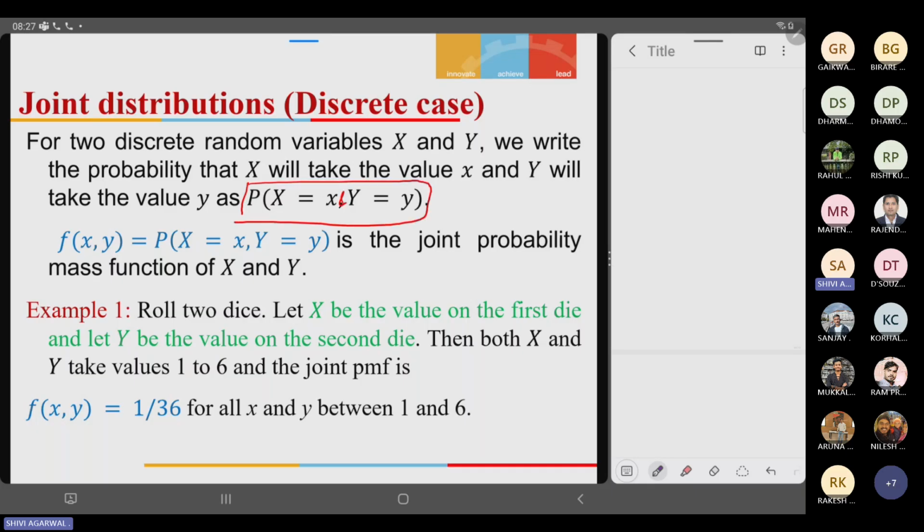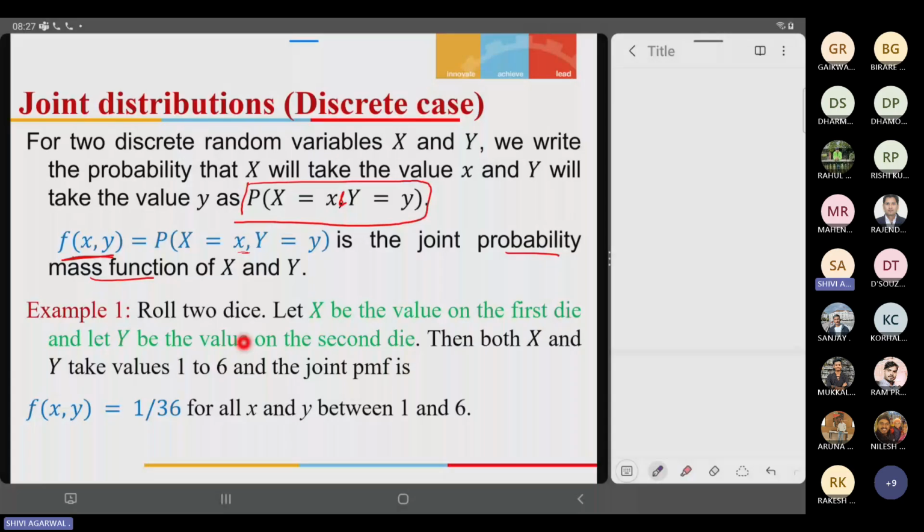Here we are talking about the intersection. This is known as the joint density function. It is equal to the probability when X is equal to x and Y is equal to small y. That "and" means we are taking an intersection. So this is known as the joint probability mass function, or joint probability density function.